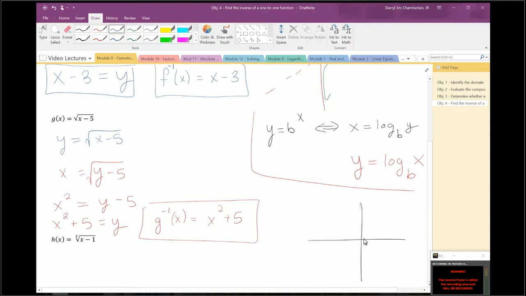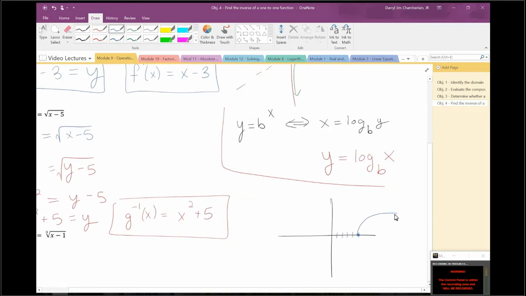Square root of x minus 5 is the square root of x function shifted to the right 5. X squared plus 5 is x squared, but shifted up 5.